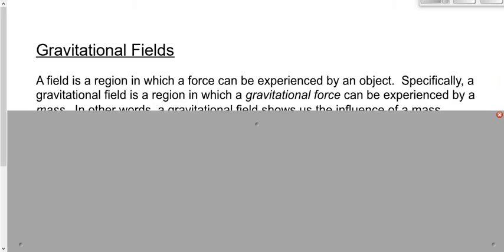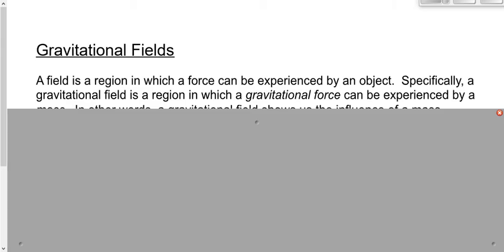We're going to use the term gravitational field to describe gravity. This can describe gravity in the presence of something to feel the force, in other words, to experience it, but it can also describe it in the absence of that thing, that board marker or whatever it is, experiencing the force. A gravitational field is a region in which a force can be experienced by an object.